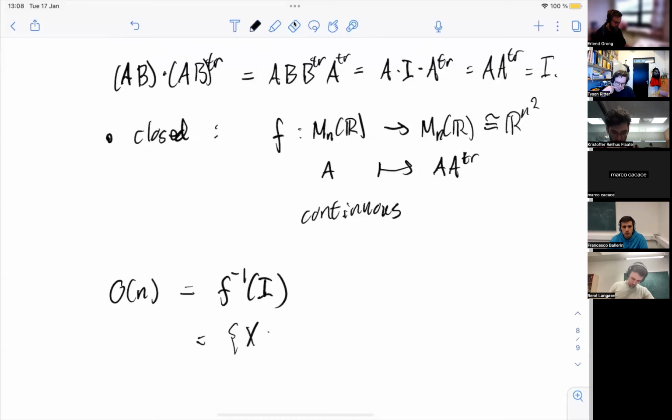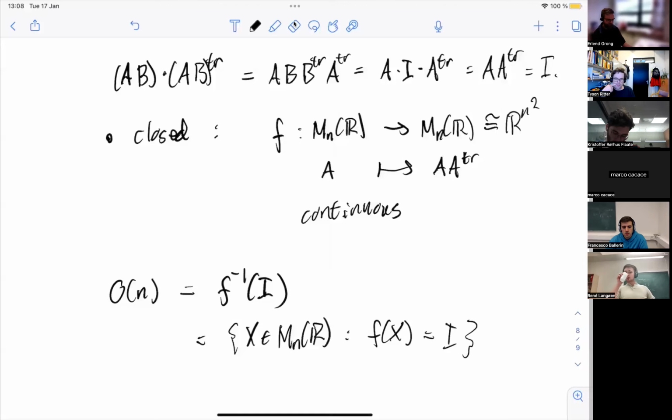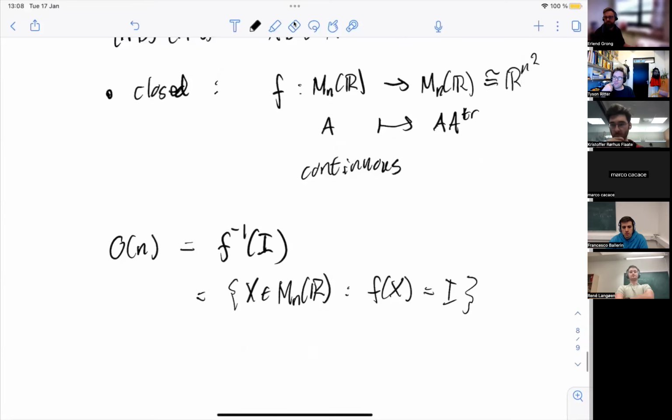So it's all X in M_n(R) such that f(X) is equal to the identity. That's a closed set. It's a level set.